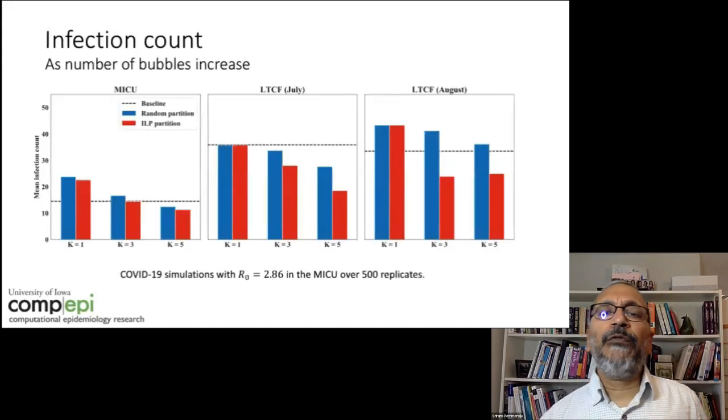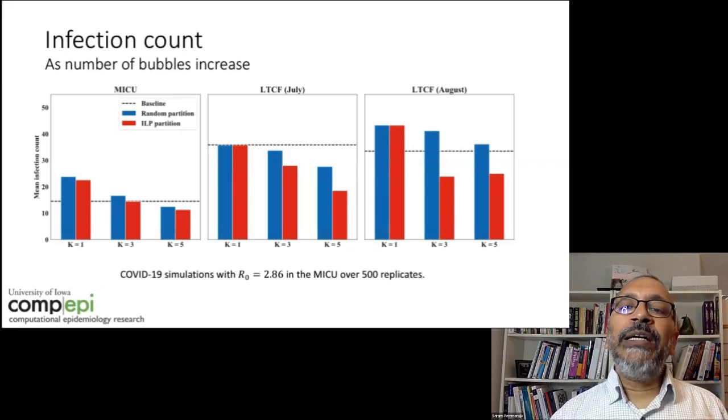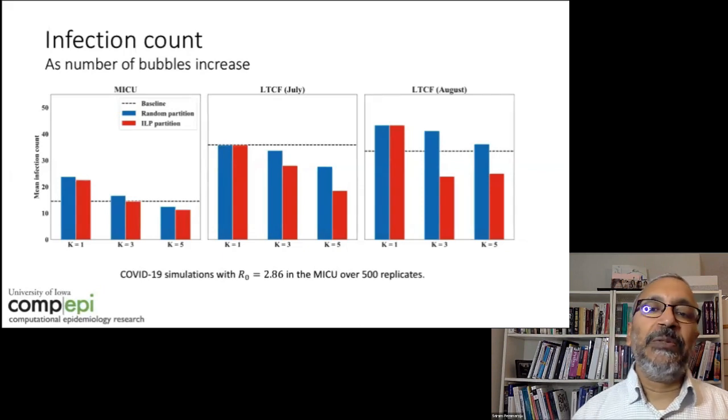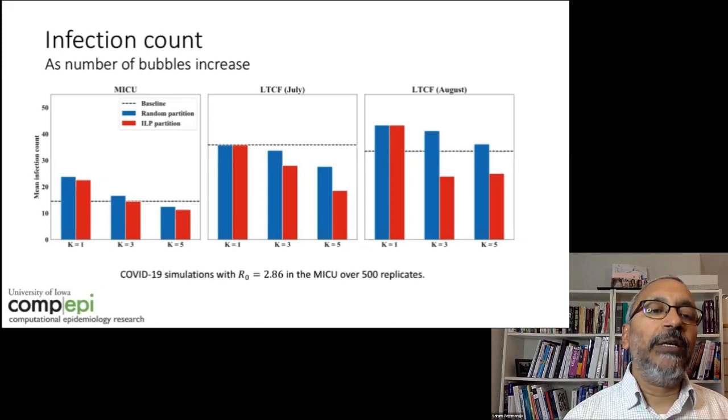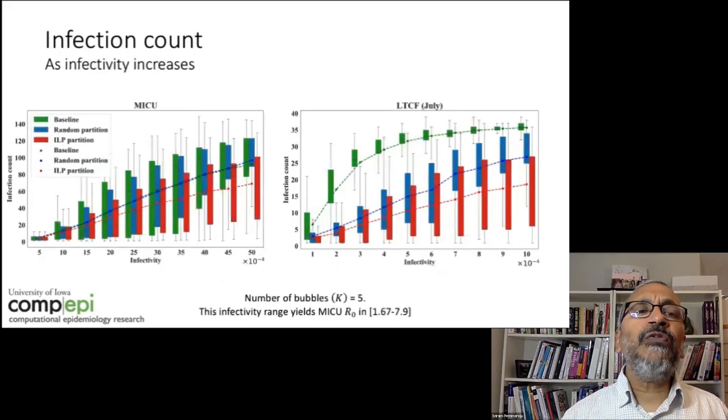And here are a few charts showing our results. So one takeaway, of course, is that as we increase the number of bubbles, infection spread falls. This result is for a particular infectivity, but I'll show you that this trend holds for a wide range of infectivities.